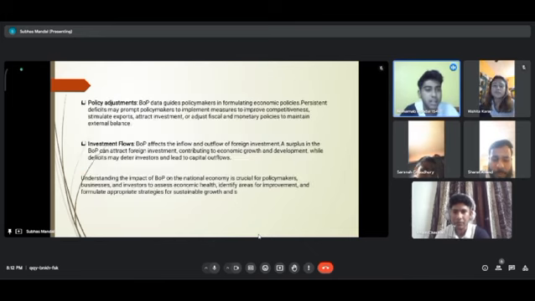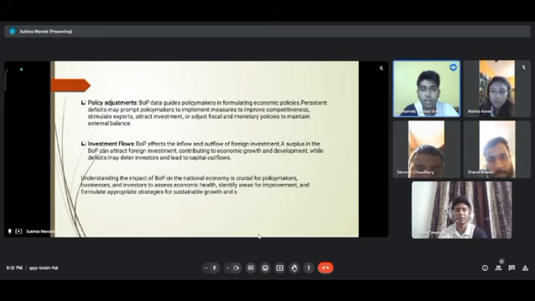The next slide is about policy adjustment. BOP data guides policymakers in formulating economic policy. A persistent deficit may prompt policymakers to implement measures to improve competitiveness, stimulate exports, attract investments, or adjust fiscal and monetary policy to maintain external balance. Fifth point is investment flow.